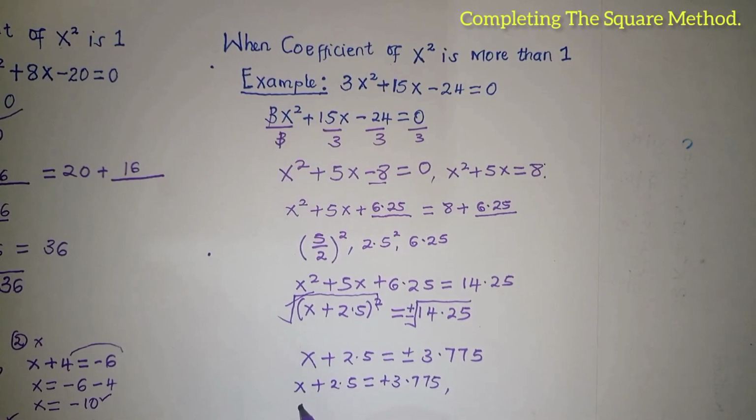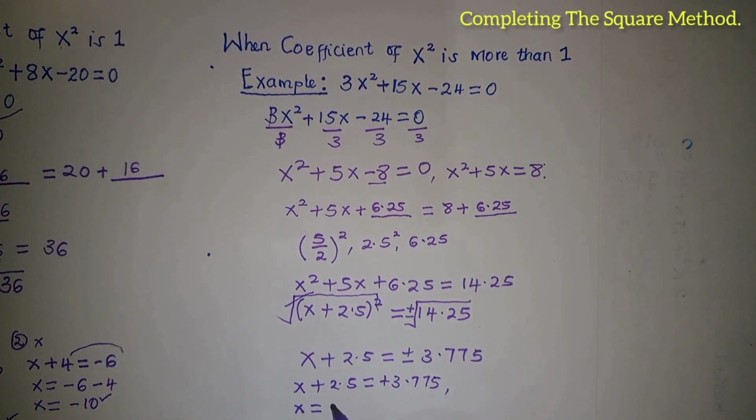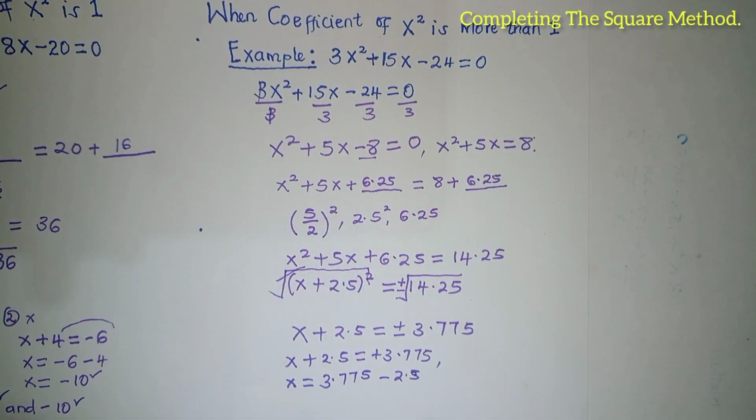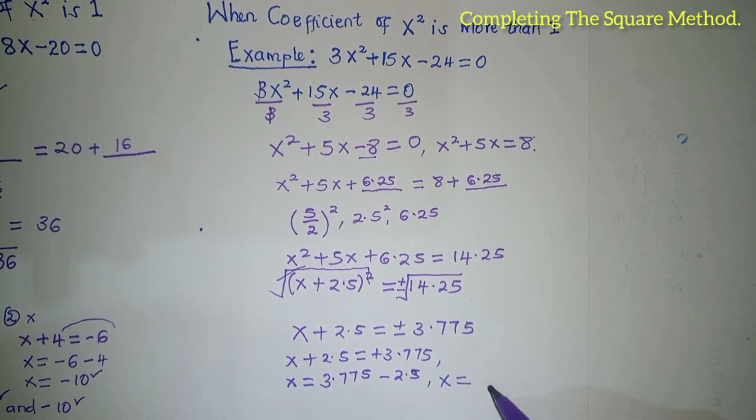So x is equal to 3.775, then move positive 2.5 to this side to become negative 2.5. So this one minus this one becomes x. The first value of x is actually 1.275.